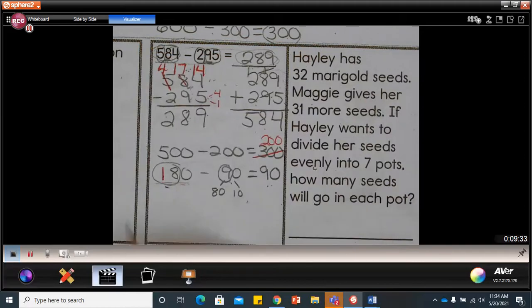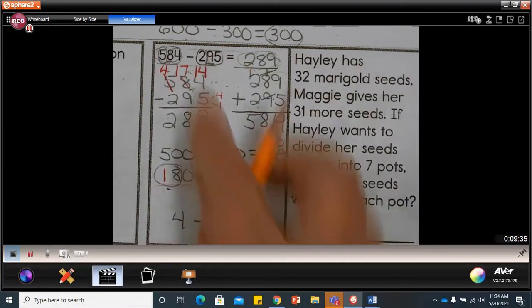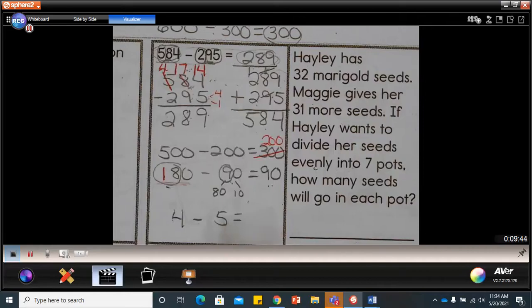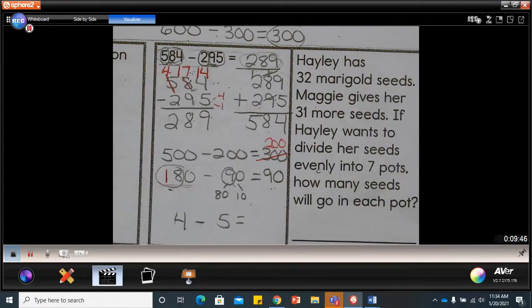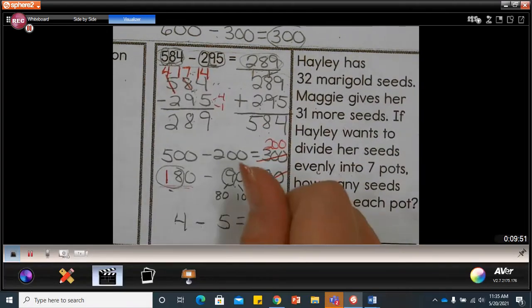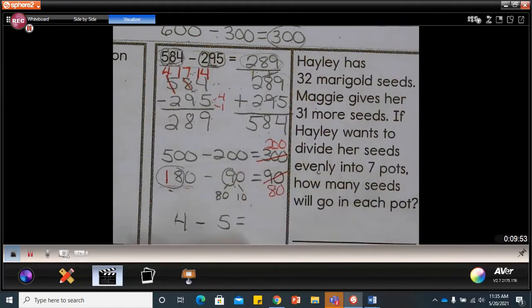All right, now let's go to the ones. We have 4 ones and 5 ones. And 4 minus 5 cannot be done. So again, I'm going to come over here to my tens, and I'm going to borrow a 10, and I'm going to add it to that 4 to make 14.